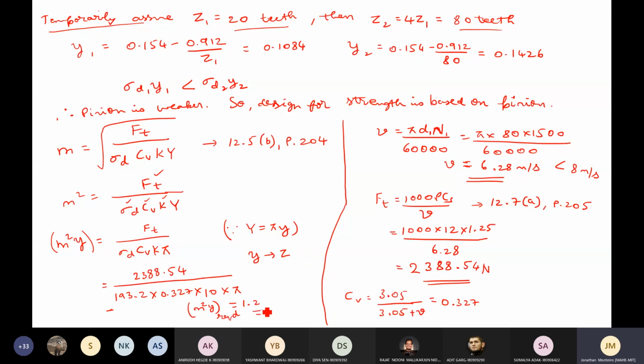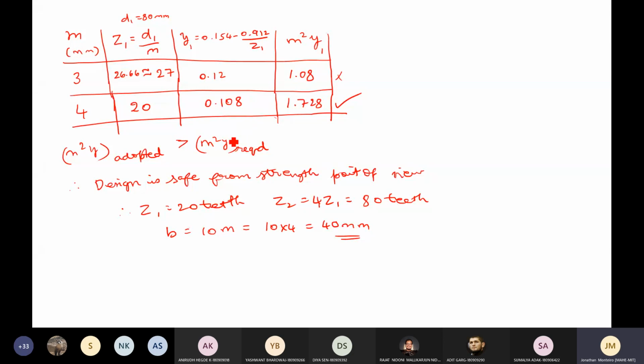Then m square y, whatever is required, then we calculated the final value. In some cases you might get a decimal value. You have to round it off to the nearest whole number, because you are dealing with the number of teeth.